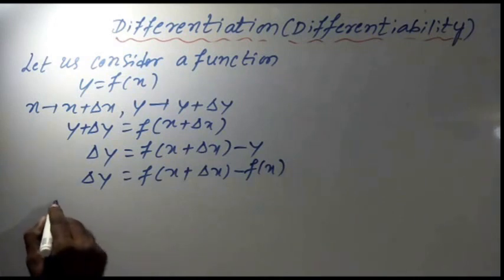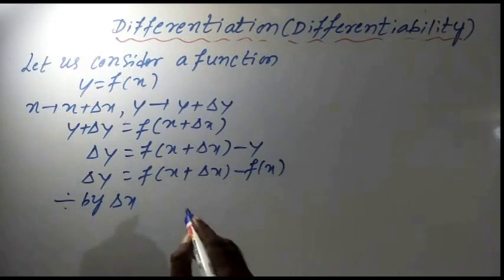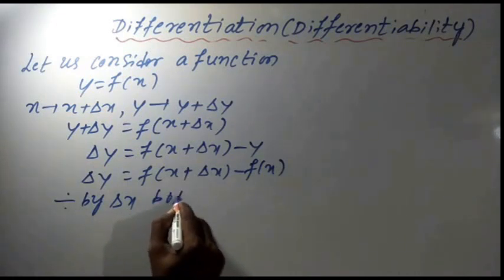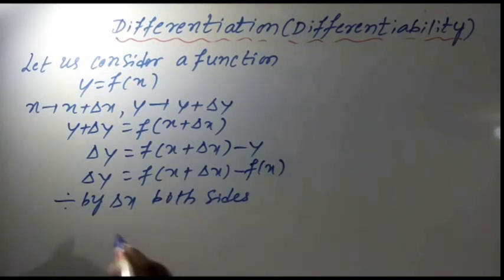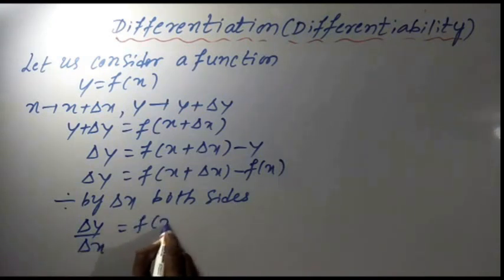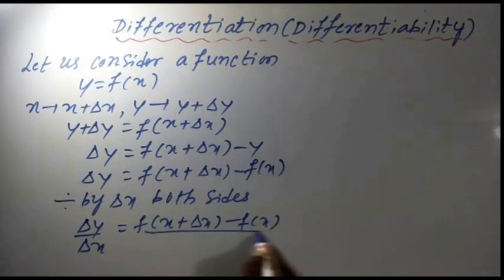Therefore dividing by delta x both sides, then delta y by delta x is equal to f of x plus delta x minus f of x whole divided by delta x. Now delta x is made sufficiently small, meaning that delta x tends to 0.